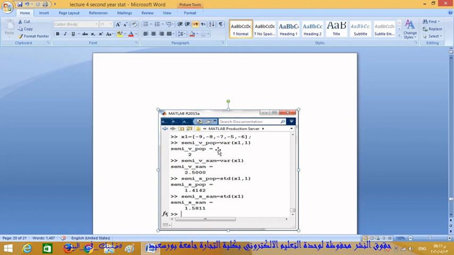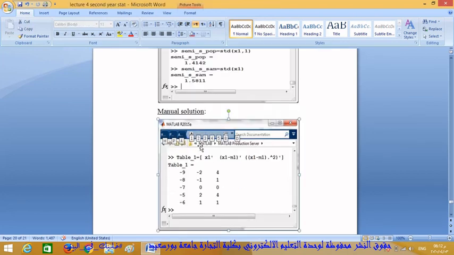You see that the variance for population is less than the variance for the sample, and the semi-standard deviation for population equals STD of x1 and 1, which equals 1.4, and the semi-standard deviation for a sample is STD of x1, which equals 1.58. So also the semi-standard deviation for a sample is larger than the semi-standard deviation for a population, and the semi-variance for a sample is larger than the semi-variance for a population.